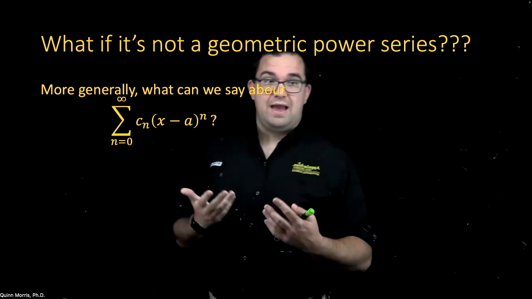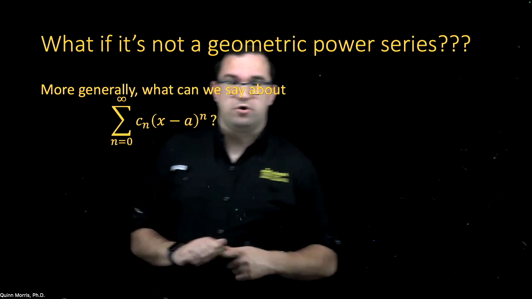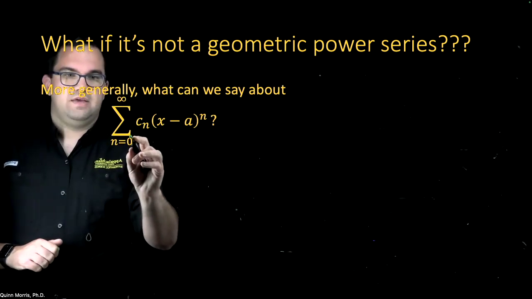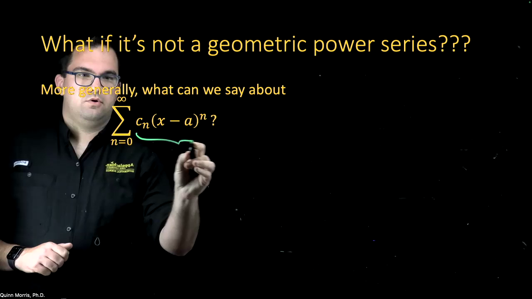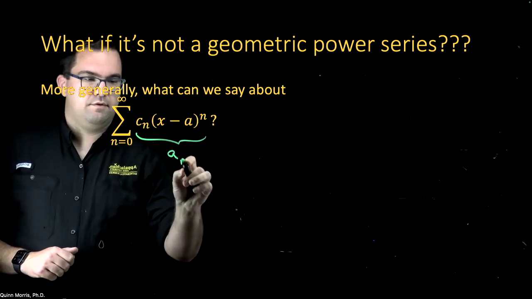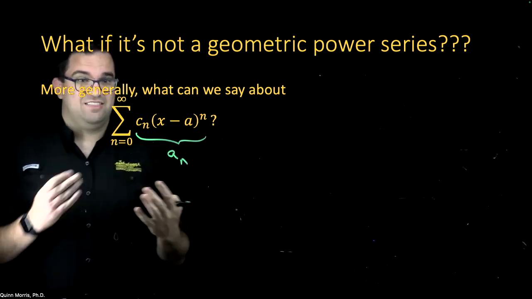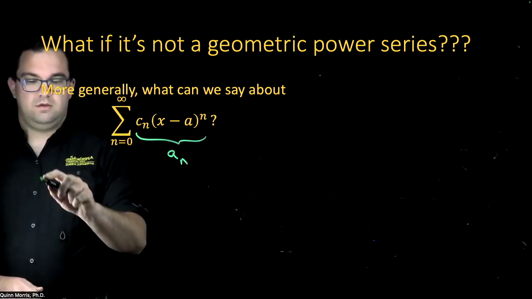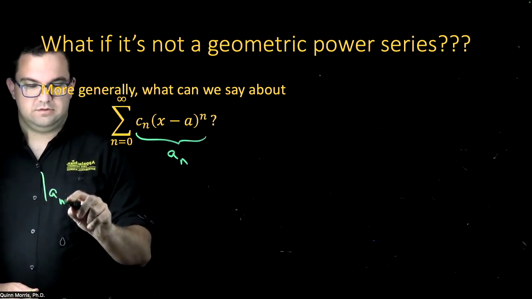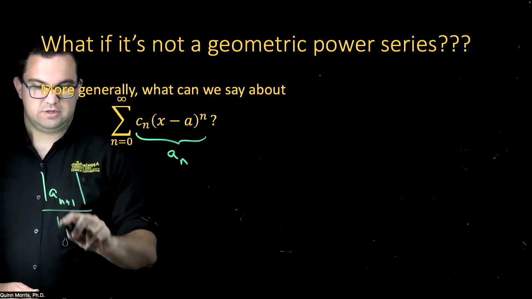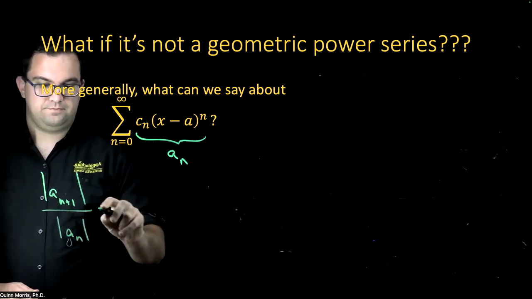Well, I could carry out exactly the same sort of argument, right? So if I think of this whole term sitting here as my an, right? It's the nth term of my series. I could apply the ratio test. So I'm first just going to calculate this ratio.